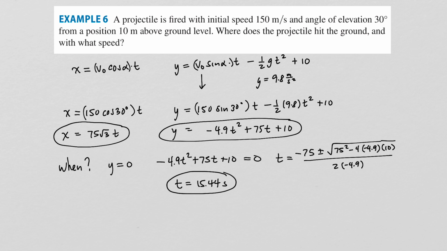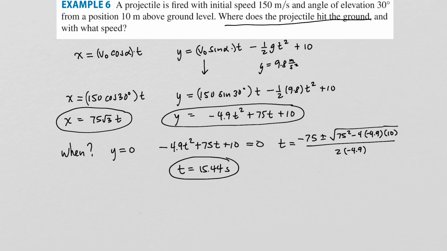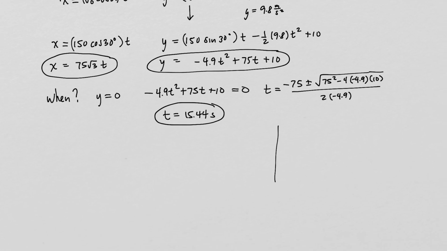after it's been fired. So now where does the projectile hit the ground? Well, let's keep in mind what's happening here. You have a projectile which started 10 meters above the ground, was fired at a particular angle, and now is coming down and hitting the ground. And it hits the ground here at t equals 15.44 seconds.